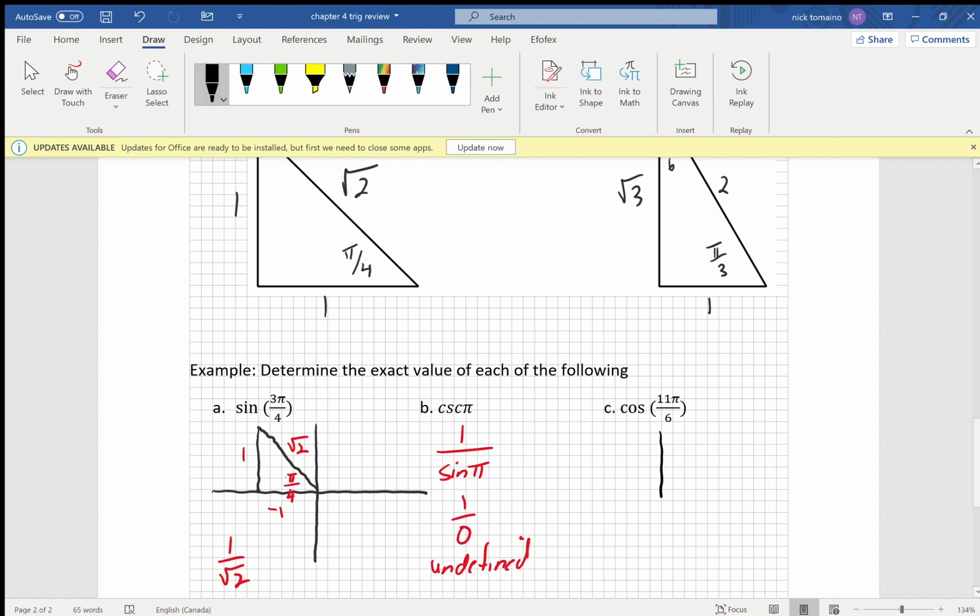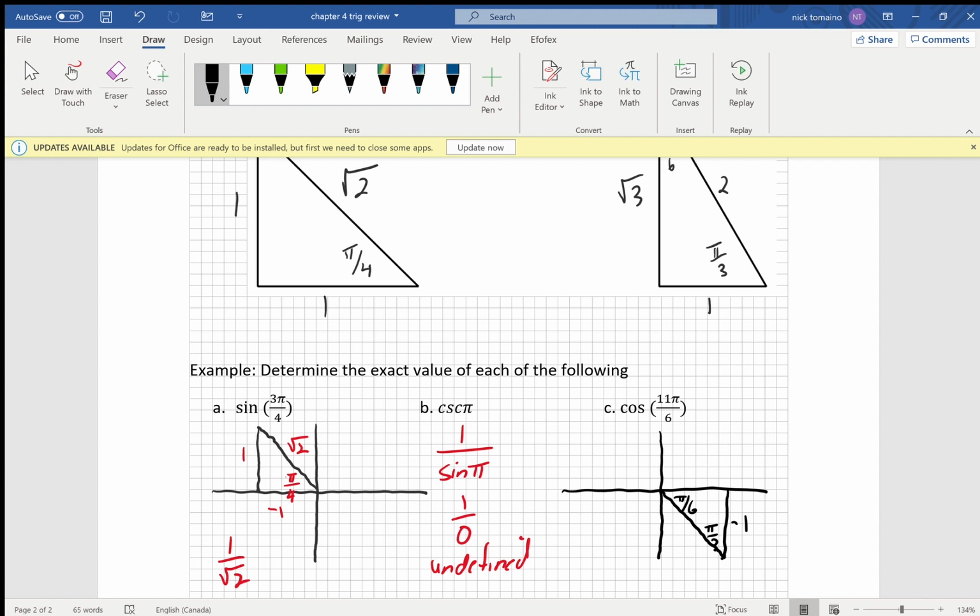Now the last one is cosine of 11 pi over 6. We're going to draw our Cartesian plane, and 11 pi over 6 is down in quadrant 4. Because it has a 6 there, that means this angle is going to be your pi over 6, and that one there is going to be your pi over 3. Your opposite of pi over 6 is 1. Because it's below the axis, it's negative 1.